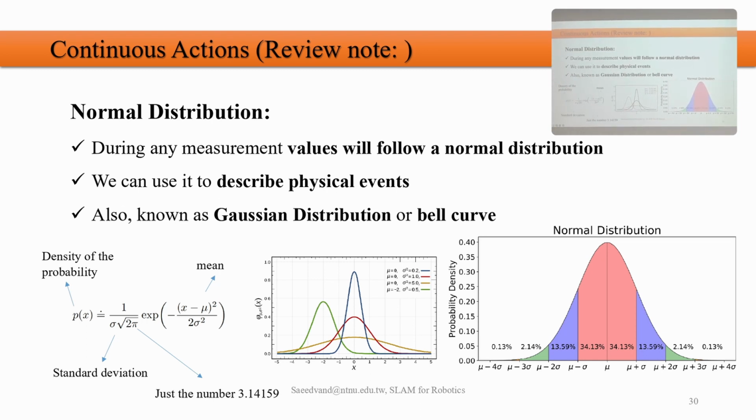We can represent the normal distribution with this term, the known density probability P of x is equal to this term, where here we have the mean and here we have the covariance or standard deviation.